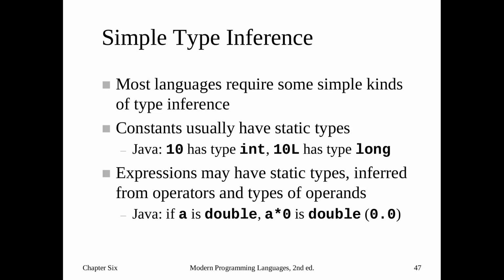Almost all languages do this, including Java. For example, you have constants, or literal values, that have their own static types. All numbers in Java are assumed to be an integer, but we can give a little bit of extra information to make them a different type. For example, D means it's a double, F means it's a float, L means it's a long.